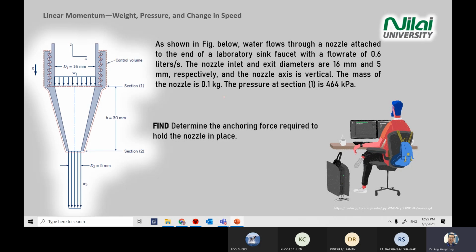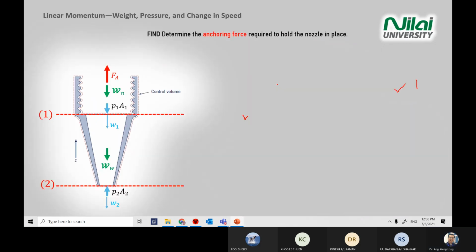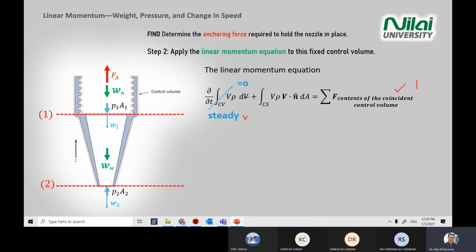In this case, there's no steady flow stated, but in the exam, you will see the flow rate of 6 liters per second. If you have a Q value in the system, it means we also assume a steady flow inside the system. So these are the explicit and implicit information that you need to know.